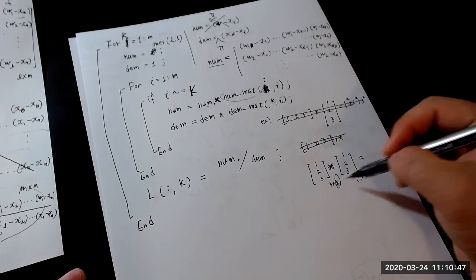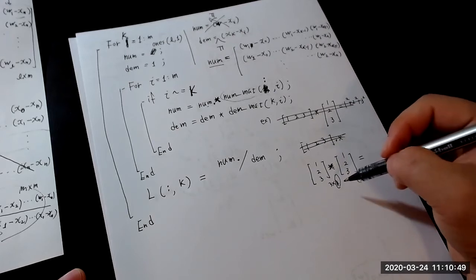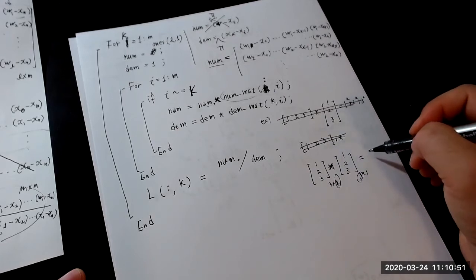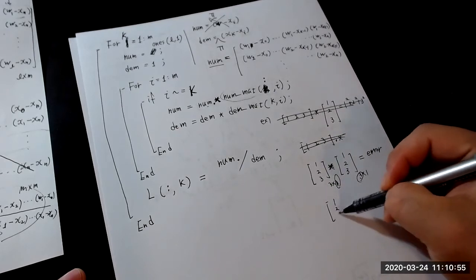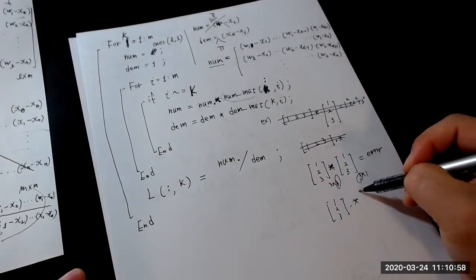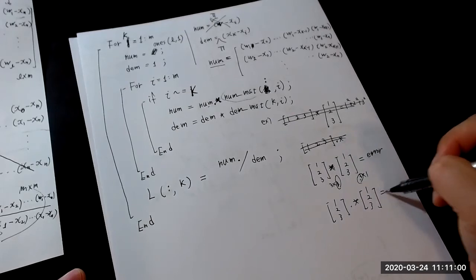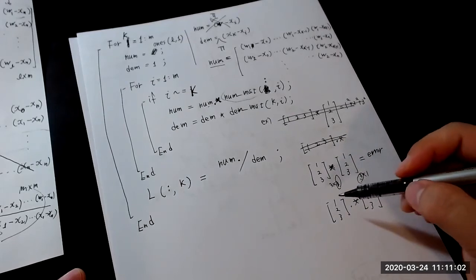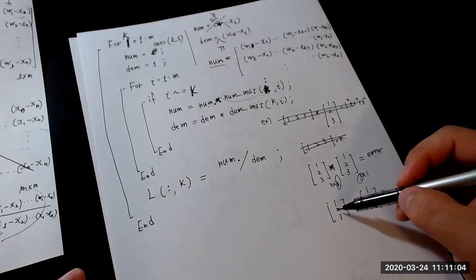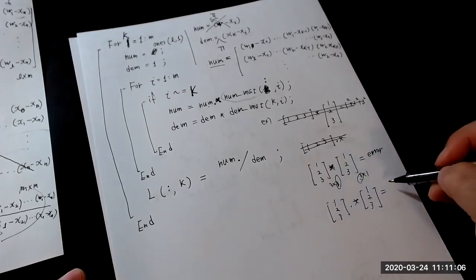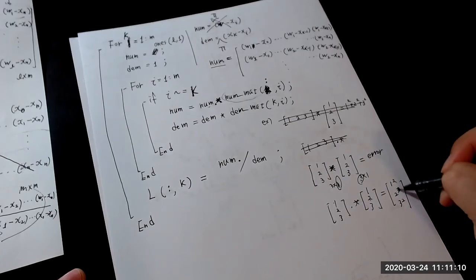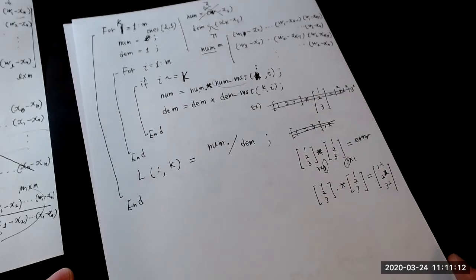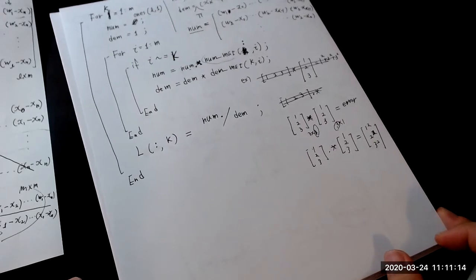Since these two sizes do not match, we got an error. But if you use dot and then the product, it means that we multiply 1 by 1, 2 by 2, and 3 by 3, which gives 1 squared, 2 squared, and 3 squared.